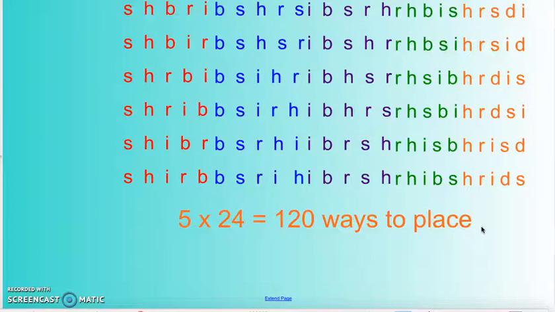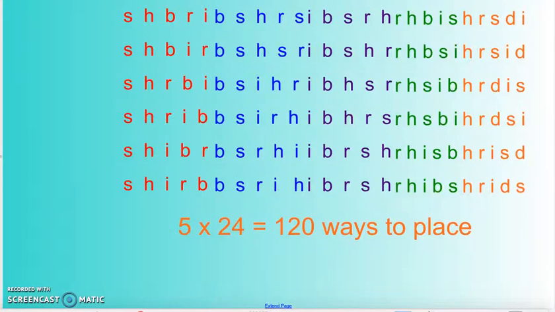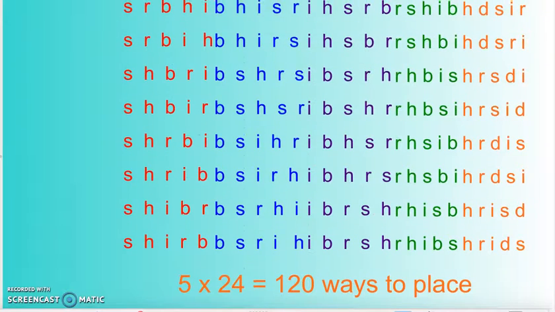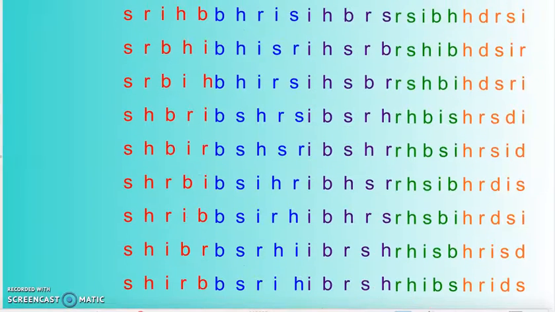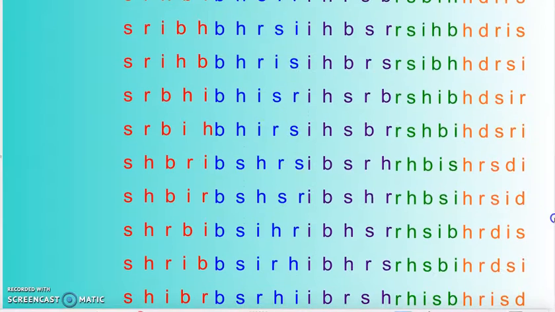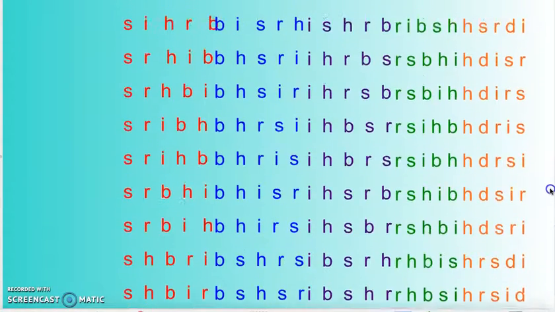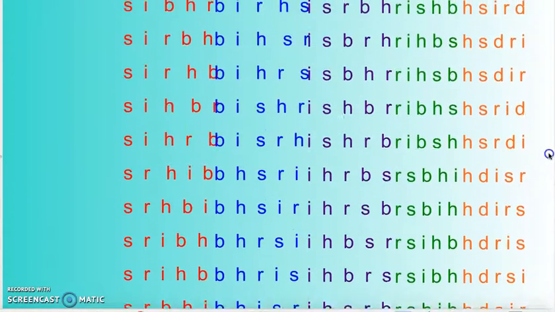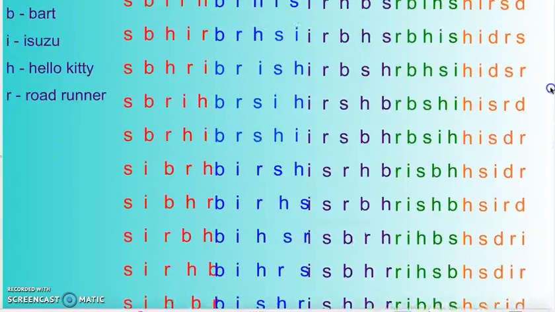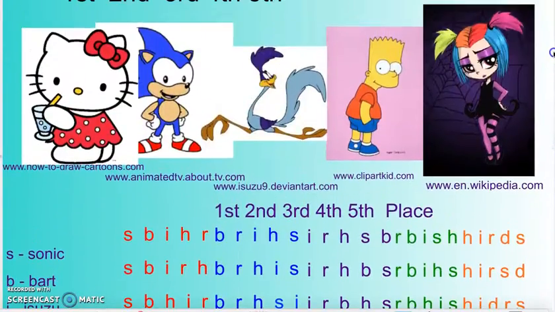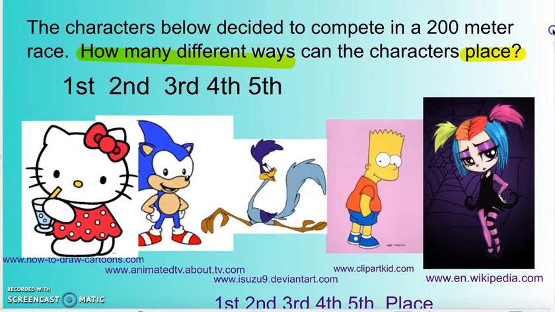Now this one took a long time, and I will say most of your problems will not have such a large answer, but I wanted you to see how organizing really does help you to see the patterns and help you not to miss anything. And so 120 ways.